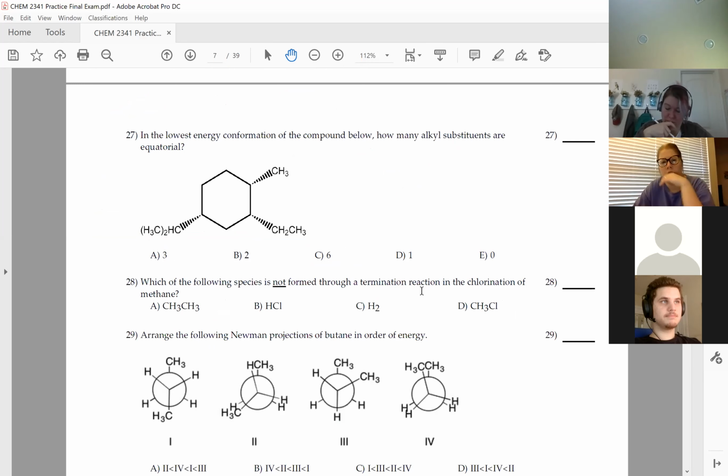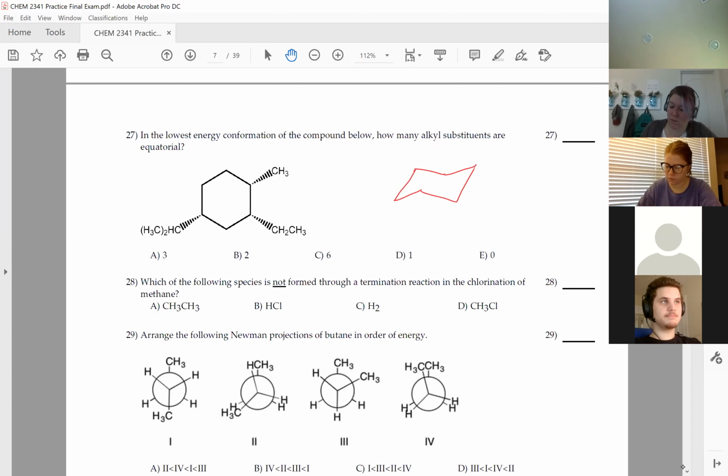Can we figure this out just looking at this drawing? No. What do we need to do? Draw the chair conformation. Yeah, we need to draw a chair. Okay, and then we need to do what? Put your substituents onto the chair.